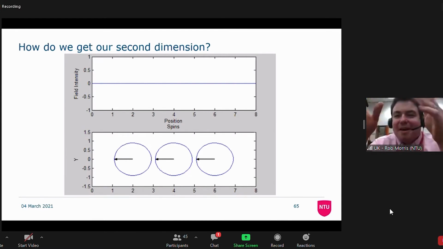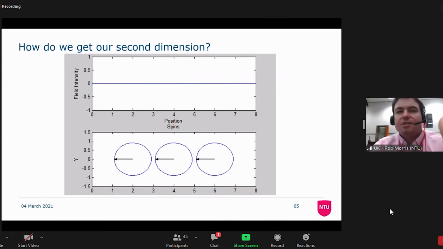If you think about all of our spins processing around at the same frequency, they will stay in phase with each other. If, however, I make them so that the spins on the right process slightly quicker and the spins on the left process slightly slower, over time they will drift out of phase with each other. At the point at which I stop with my gradient, they will keep their phase relationship and go back to processing at the same frequency.